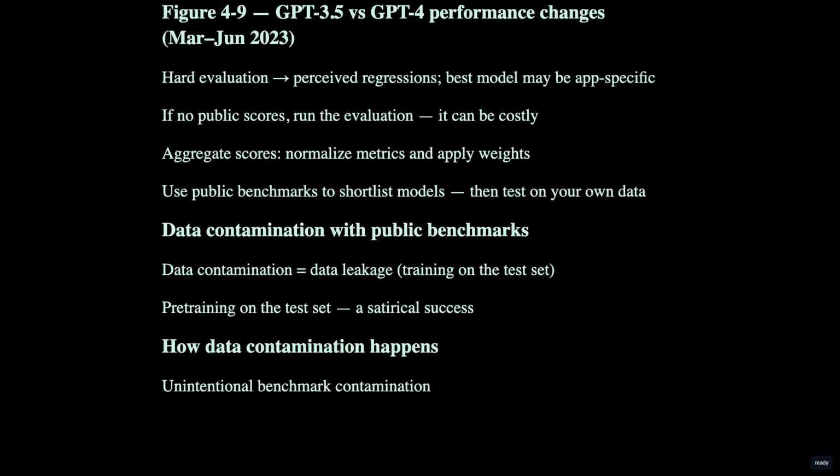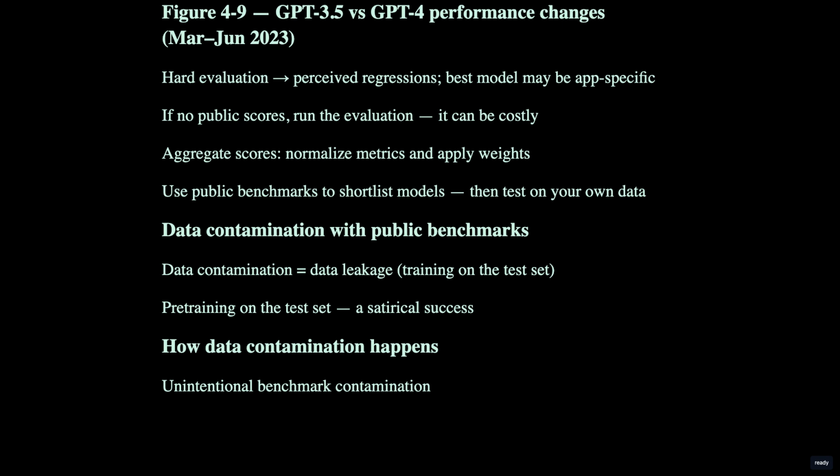Most contamination is accidental. Large web scrapes used to train models can include publicly available benchmark examples, especially those published before a model's training. When benchmark data appears in training sets, reported scores get inflated and benchmarks quickly become saturated, which motivates creating new tests.